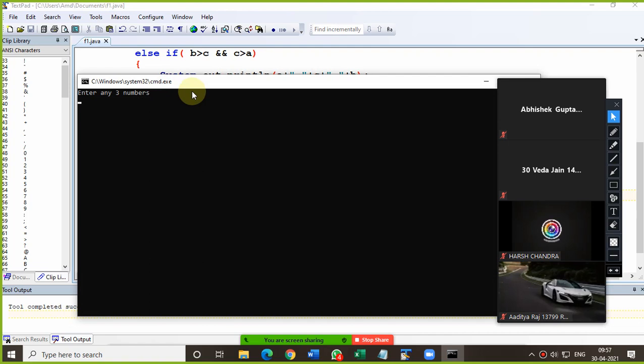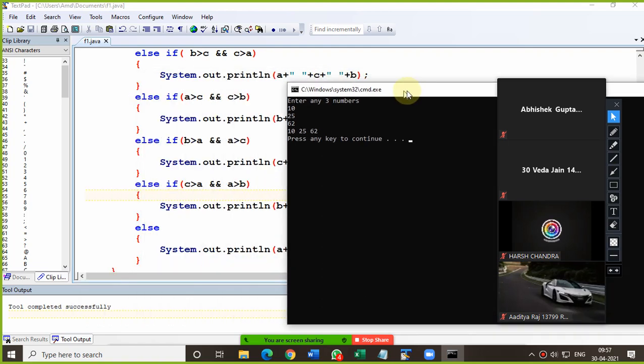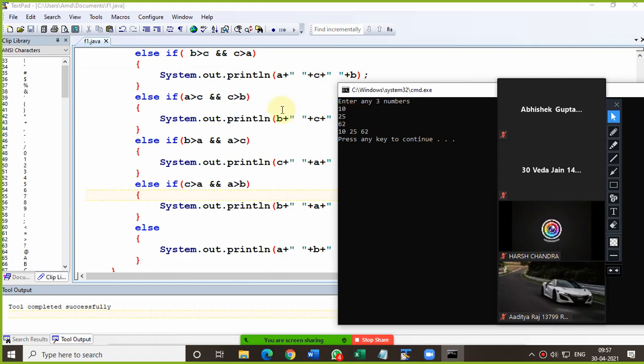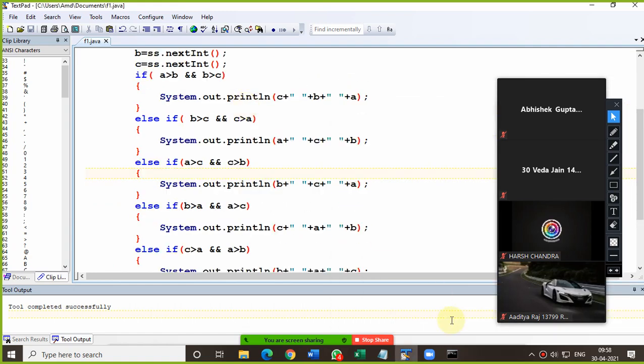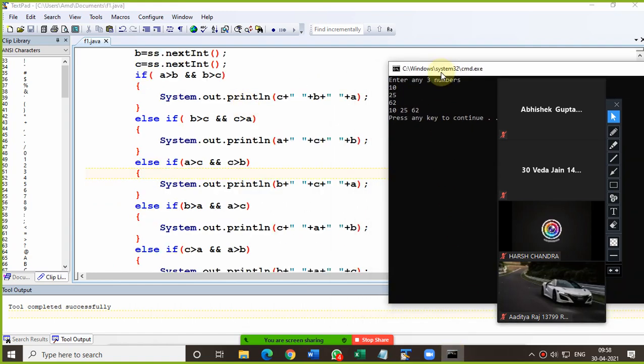Just a minute, beta. Now see the sequence you are getting. Now please check it. This is the first value: A is 10, B is 25 and C is 62. So please try to understand which condition is executing. The first one is false.